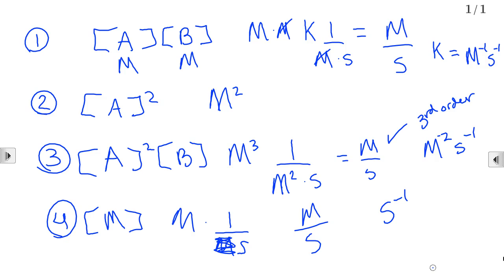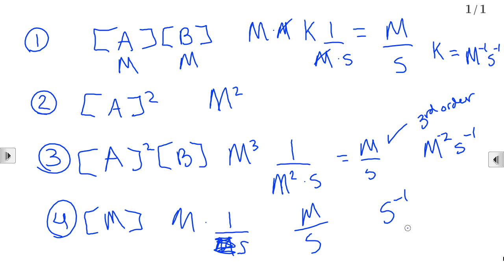Now here's how to do this. You ready? Here's the trick. Let me start with third order. For third order, the molarity exponent is 1 less than the order, and it's inverse, so that makes it a negative.